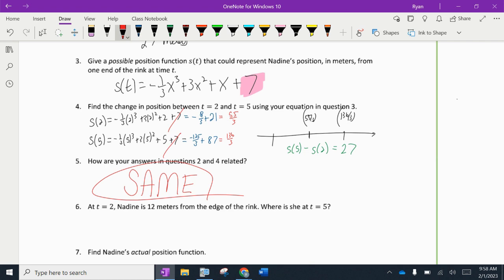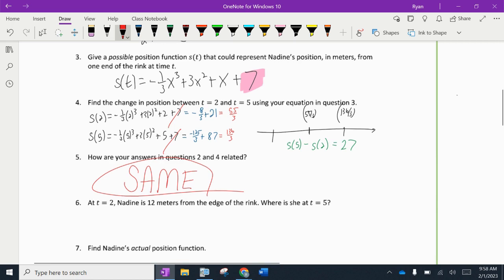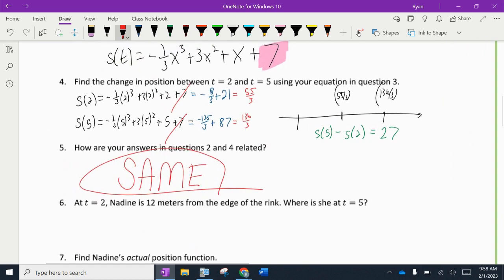We've talked about this integral symbol being an accumulator of area. It has another connection to it as well, and it deals with this idea of an antiderivative. Question 6. At t equals 2, Nadine is 12 meters from the edge of the rink. Remember, in question 4, with the equation I had, this +7, I had her being 55/3 away from the edge of the rink, from position at 0.